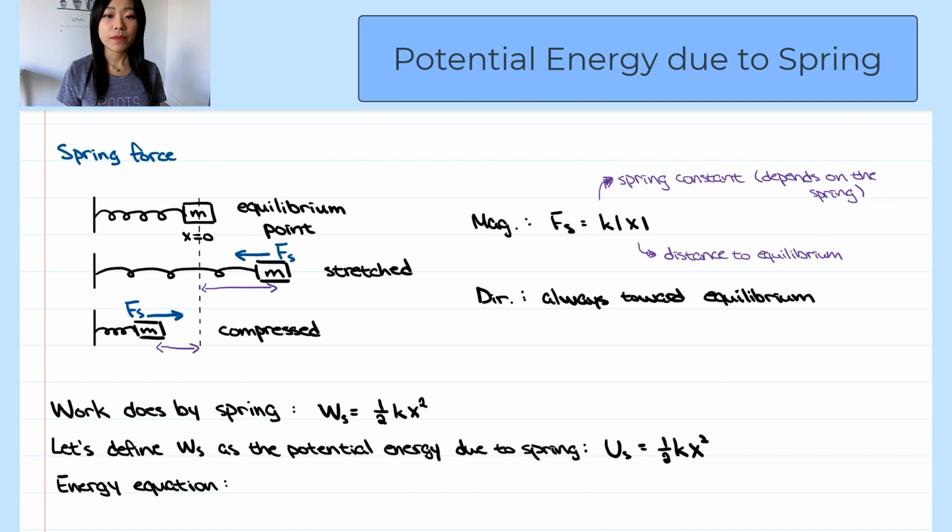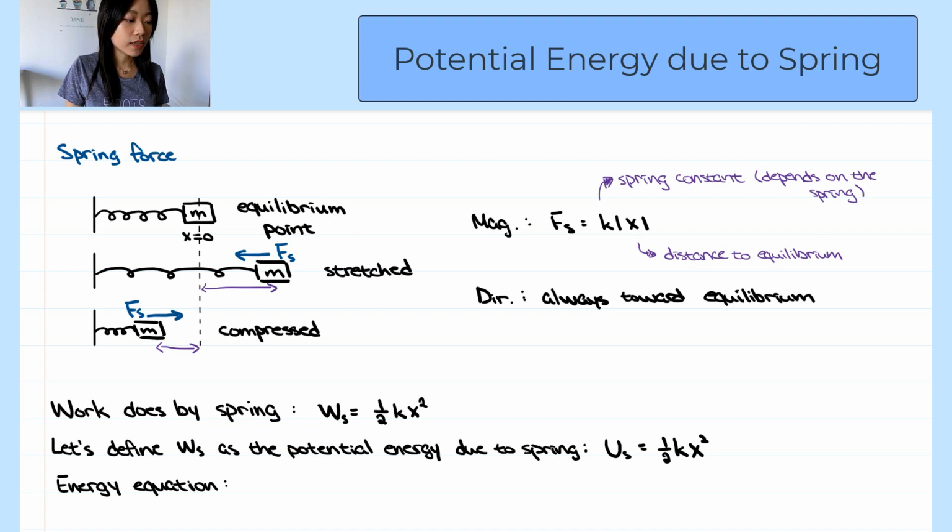In the other video, we mentioned that if there is a non-conservative force acting on the object, then the energy equation is initial energy plus the work done equals the final energy. Now we are adding the potential energy due to the spring into the energy equation.